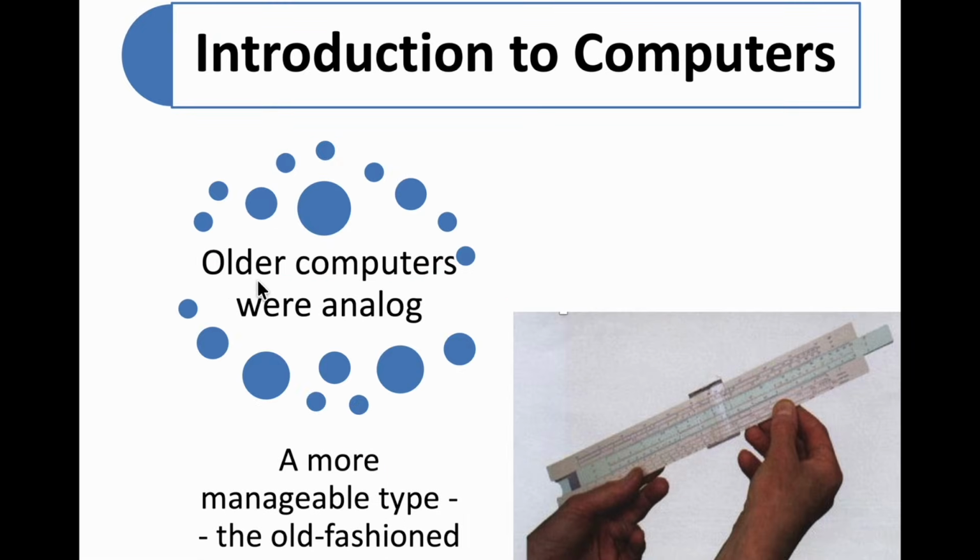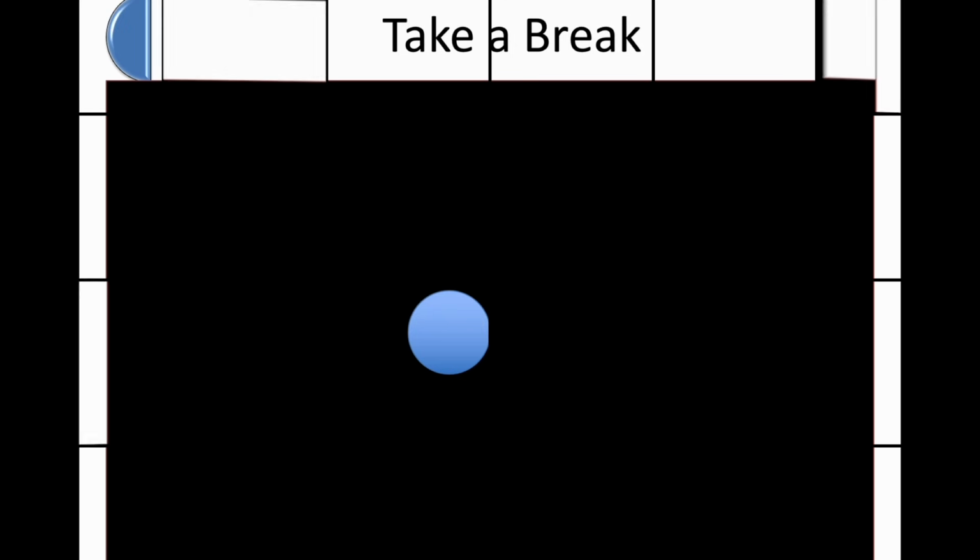We also have a few more examples of older analog computers, like the old-fashioned sliding rule, where you slide the inner roll and measure the value on the outer side, finding the values at a particular measurement.